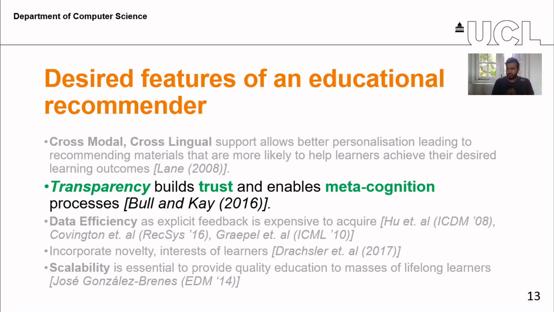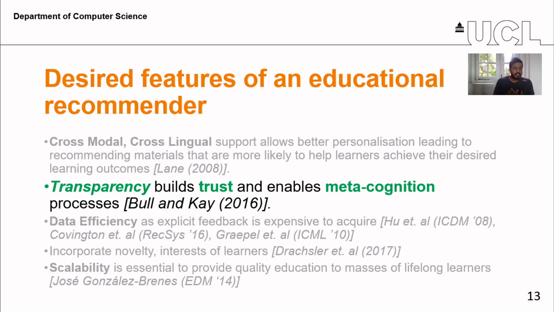Having transparency is quite popular and sort of a requirement in educational use cases because there are ethical implications to these models. For example, if we are recommending educational materials to a user, based on the recommendations we make, we are literally shaping that person's future. Therefore, the accountability, the degree of transparency that is required is high.